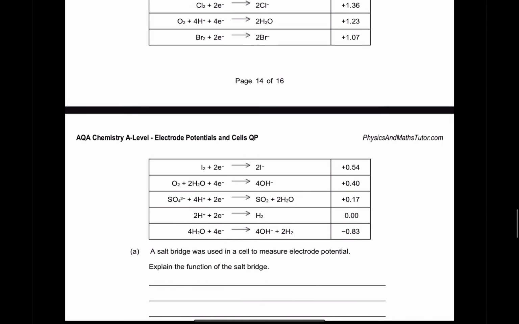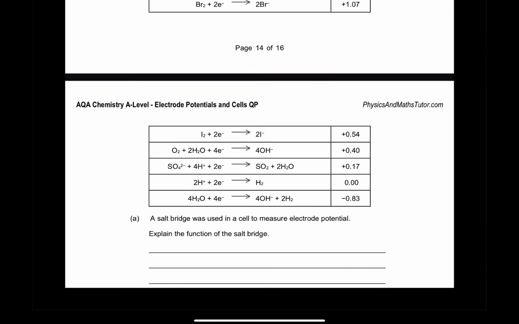Okay. A salt bridge was used in the cell to measure the electric potential. Explain the function of a salt bridge.